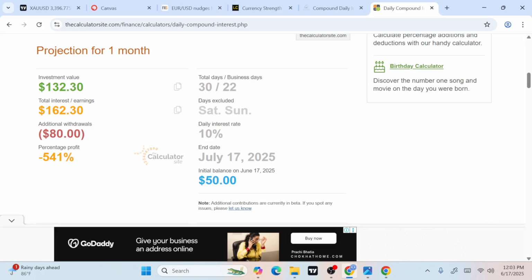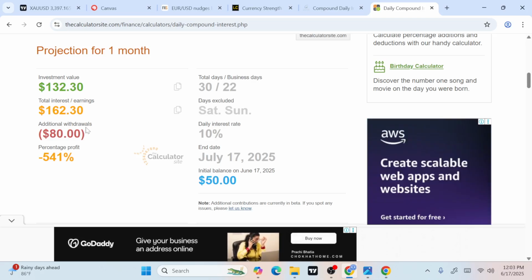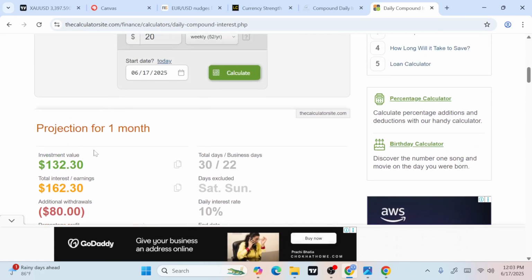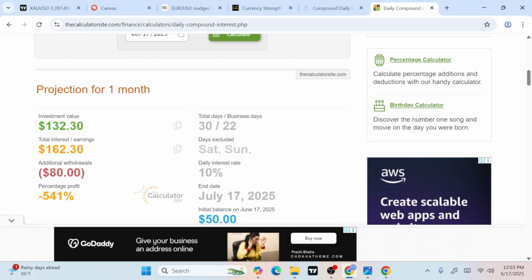How much a week? It's $20 a week. How much is that? $20 is like 30, almost 30. Even more than 30%.